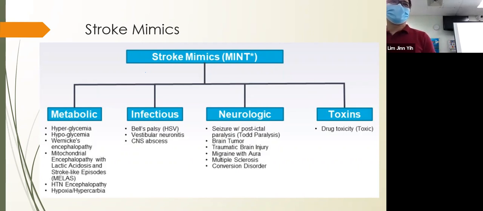If not mistaken, alteplase has a higher incidence of bleeding, but compared to tenecteplase, the efficacy is actually the same, the MRS after 90 days. In terms of the MRS score, if I'm not mistaken, the last time they did a trial on it, it is the same actually.